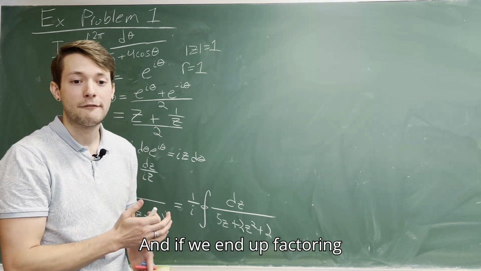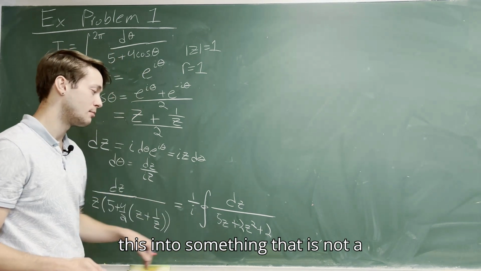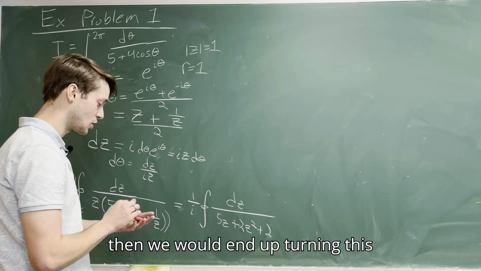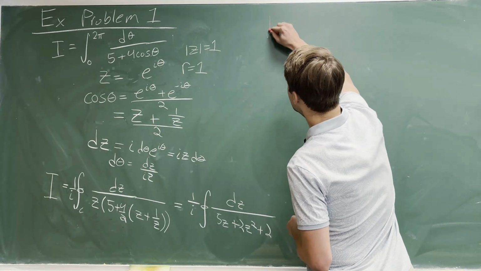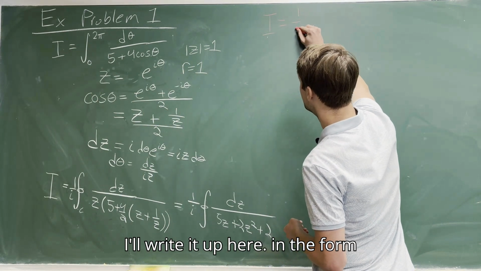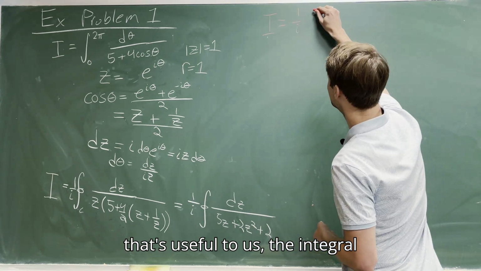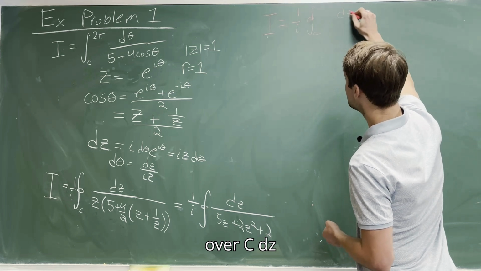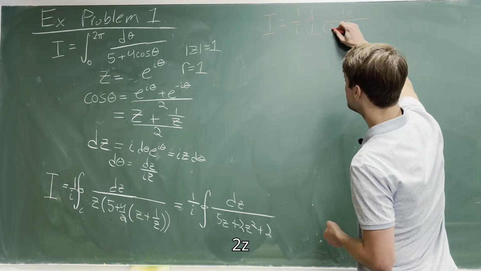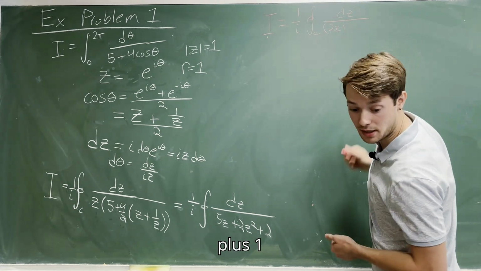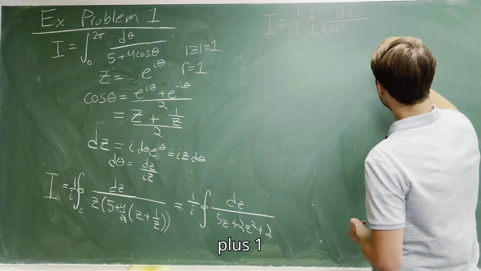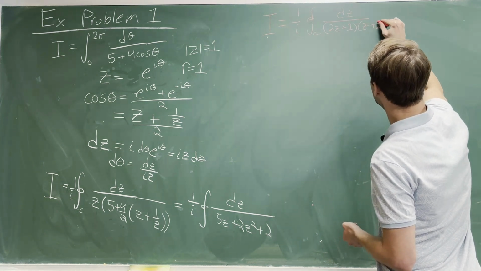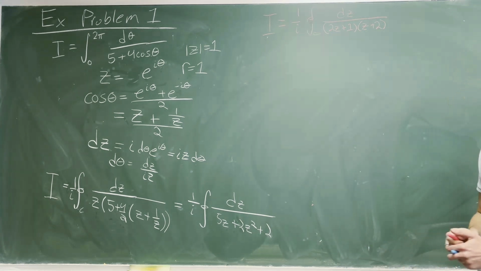And if we end up factoring this into something that is not a polynomial but a product of binomials, then we would end up turning this into, I'll write it up here in the form that's useful to us, the integral over C dz over (2z plus 1) times (z plus 2).